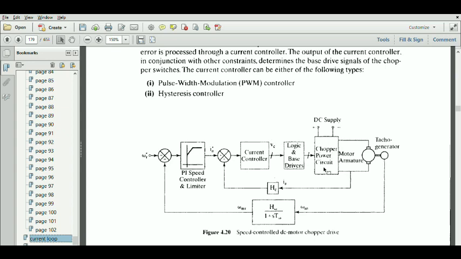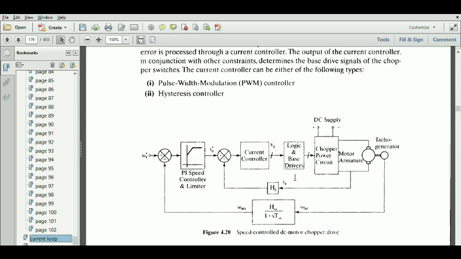So here you have a chopper power circuit. When you find the transfer function of the inner current control loop, you will find IA star.